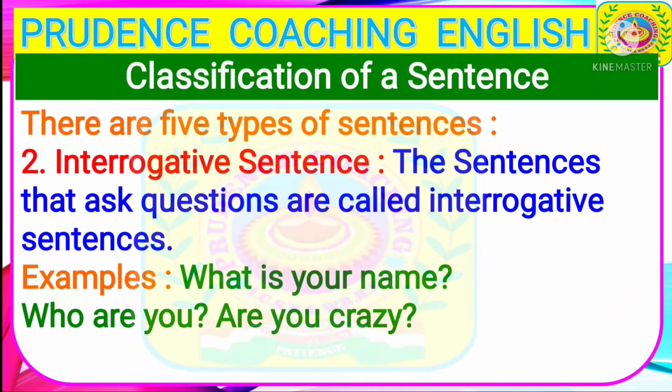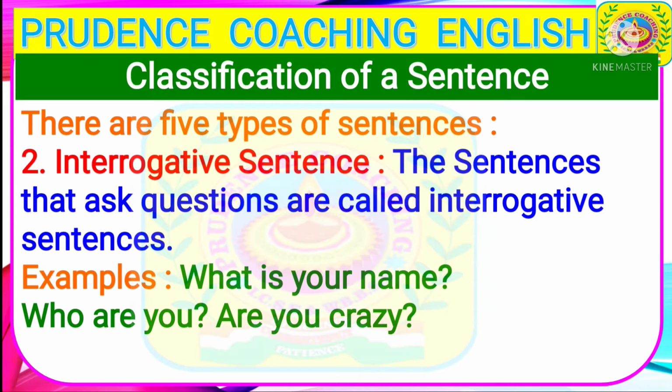Now let us go through the interrogative sentence, that is the second type of sentence. The sentences that ask questions are called interrogative sentences. As you know that police comes and interrogates something, if something bad happens, interrogation is being done.